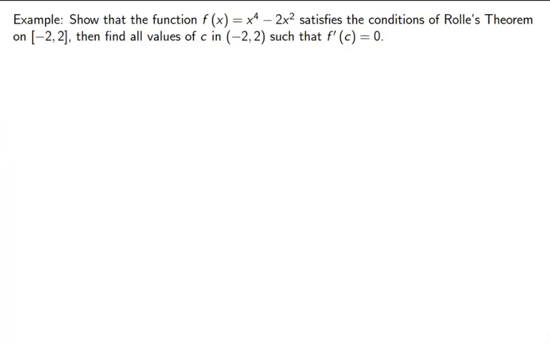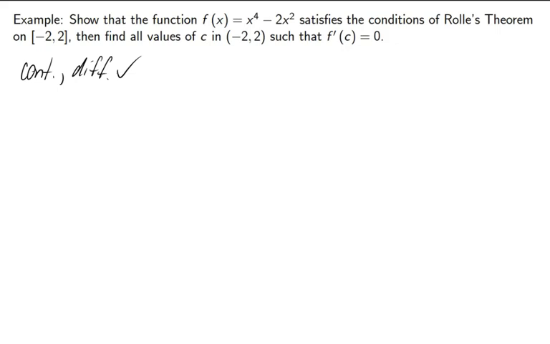We want to show that there is such a c for Rolle's theorem, and then find it between -2 and 2. Continuous and differentiable are check. It's again a polynomial. This time what we're going to do is simply show that there is a c in -2 to 2 so that the derivative is 0.